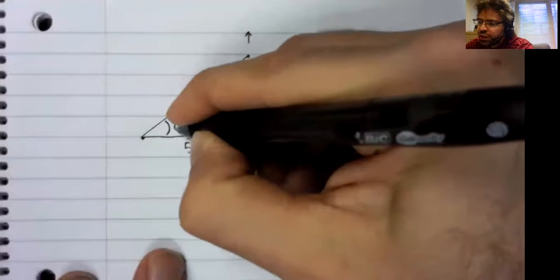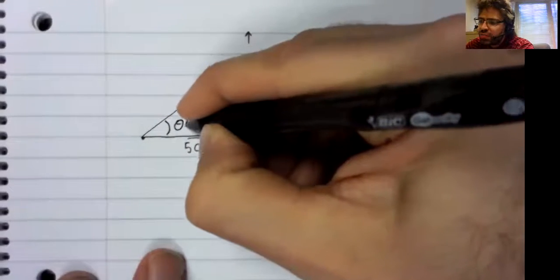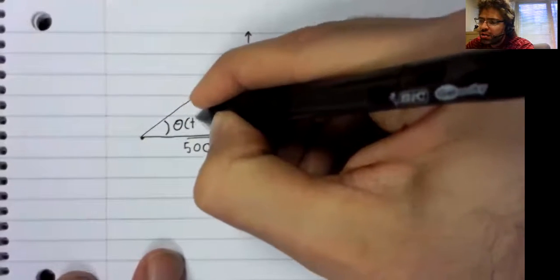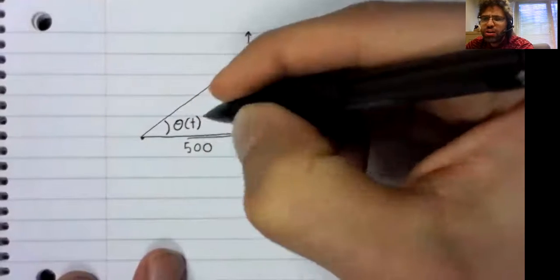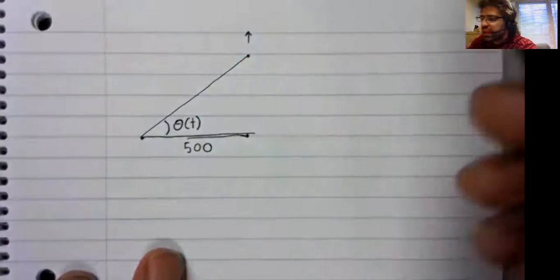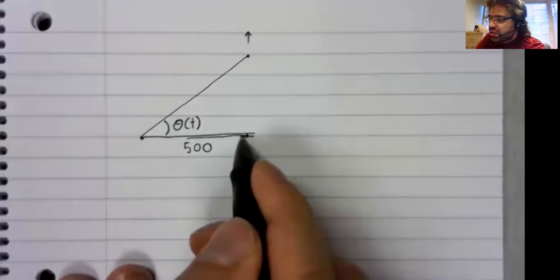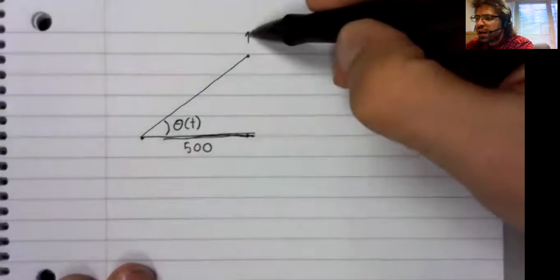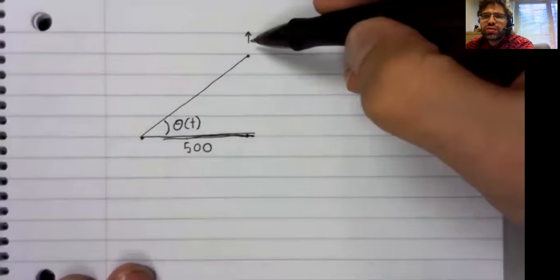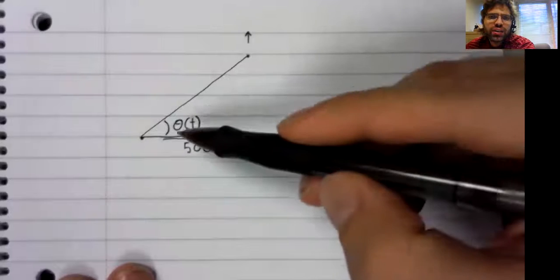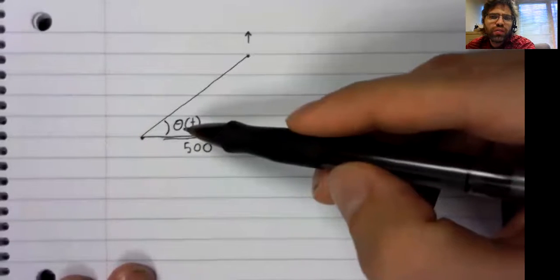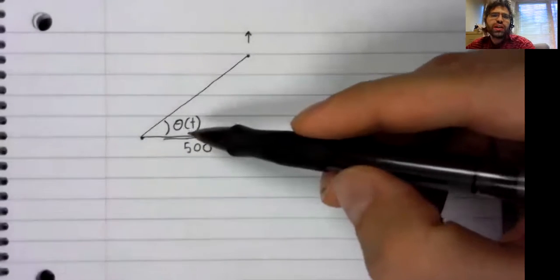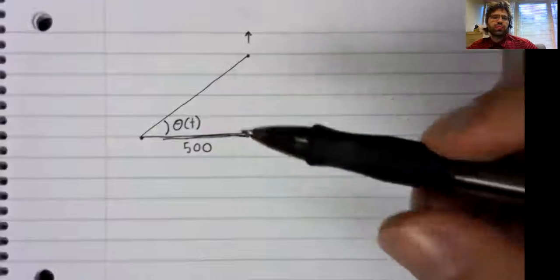Now, it's very important to keep track of what is a constant and what isn't. The balloon is rising. As the balloon rises, of course, the angle of elevation changes.